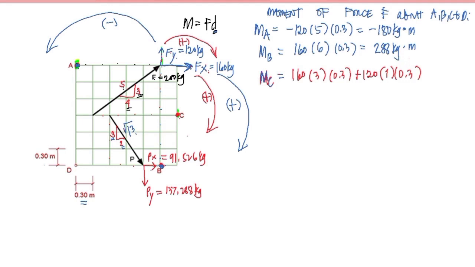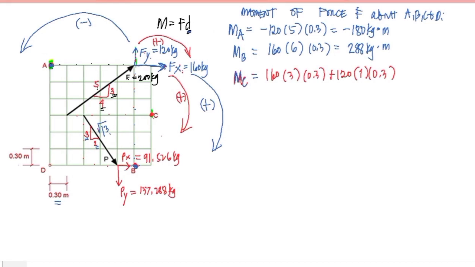So, with this, computing for the moment, we have here for the moment at C, this is equal to 180 kilogram meter.